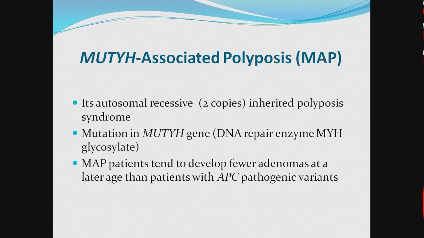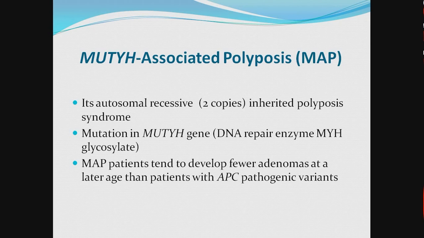MUTYH associated polyposis, the third type of hereditary familial polyposis, and as we say it is autosomal recessive, which needs mutation of two alleles, not one, which is different from the dominant. In dominant there is only one mutated allele, while in recessive we need to mutate two alleles.